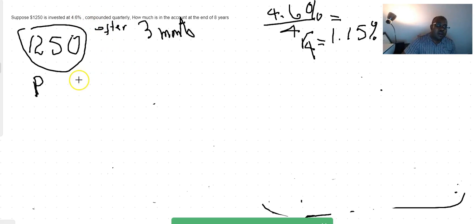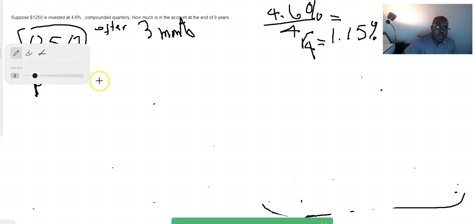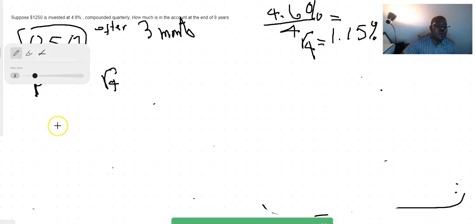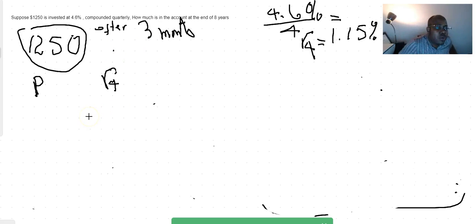So let me call the interest rate R, in this case R4. So this is the interest that is capitalized. Now let's try to understand how it's gonna work.